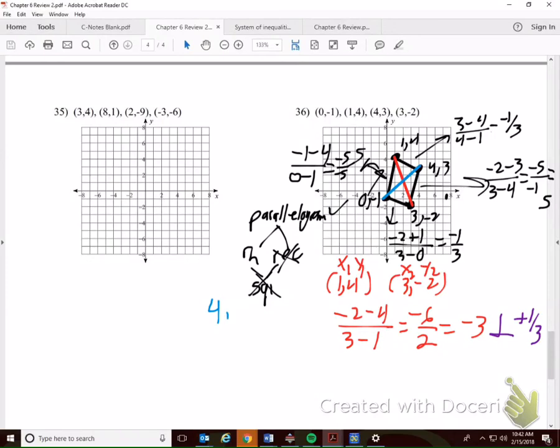So what we need to do is run the other one, the blue diagonal, and see whether or not that has a slope of 1/3. If it has a slope of 1/3, this is a rhombus. If it has anything else, it is just a parallelogram.